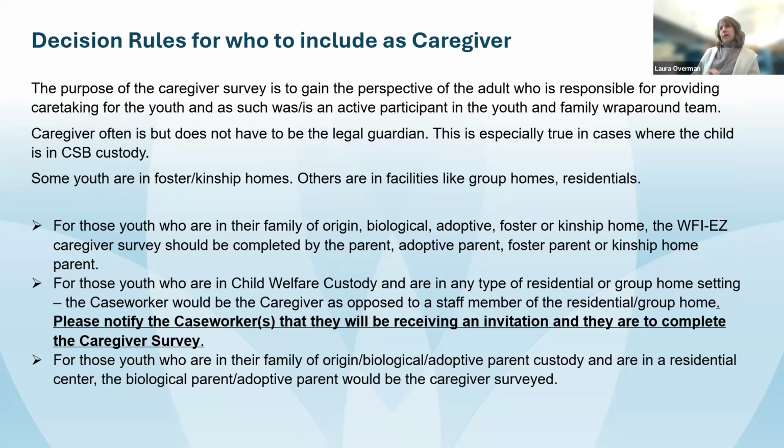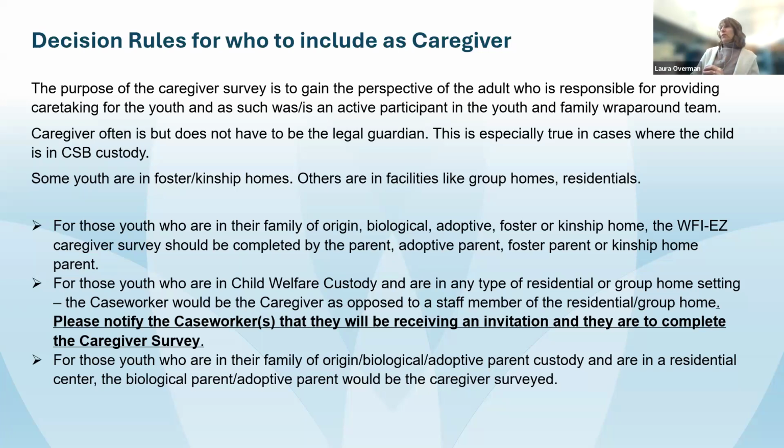For purposes of the caregiver survey, it's someone that can shed light on the perspective of the adult who's responsible for providing caretaking for the youth and is an active participant in the youth and family wraparound team. The caregiver does not have to be the legal guardian. For example, if it's a biological parent, the step parent could be the one who attends the meetings and is entered as the caregiver.